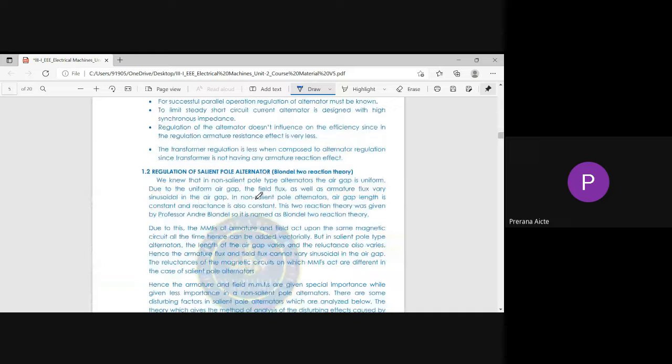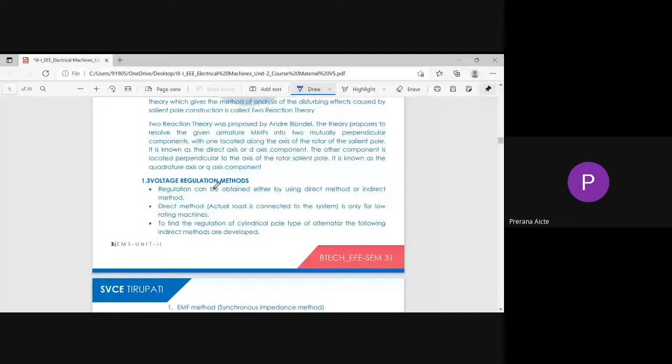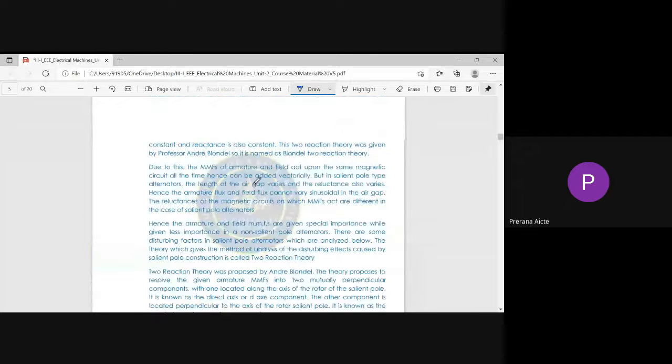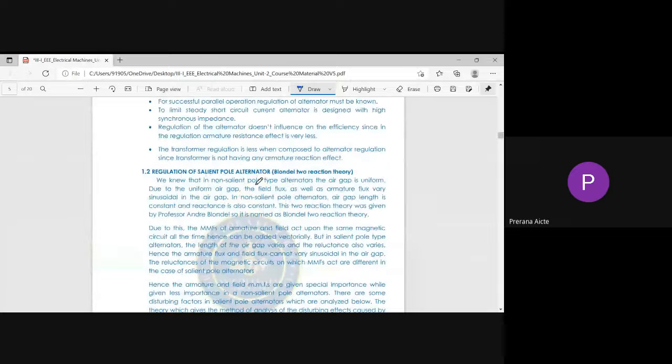So how are we going to calculate the voltage regulation? Two different methods are required in the case of synchronous generators. What are these two methods? In the case of a salient pole synchronous generator, to evaluate the voltage regulation, we use the Blondel two reaction theory.